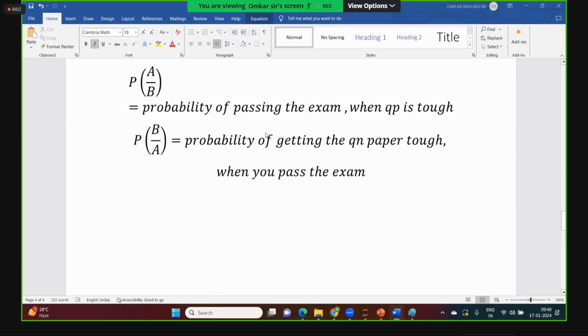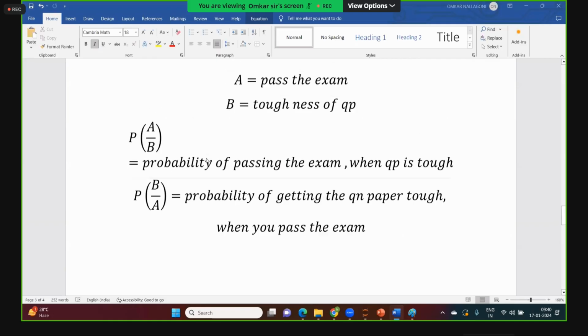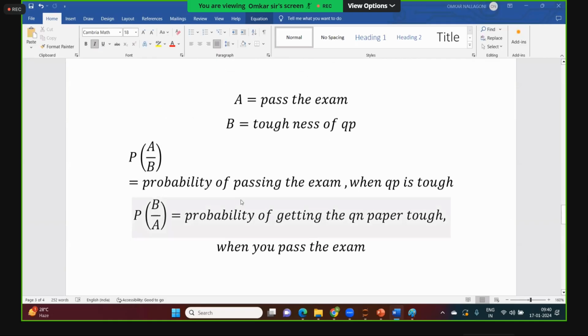I reverse the second question. Probability of getting the question paper tough when you pass the exam. So it is wrong, you are saying, Shankar. We are discussing the probability of B when A has occurred. Tell me the right one then.